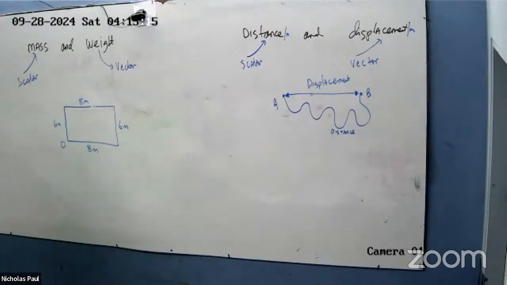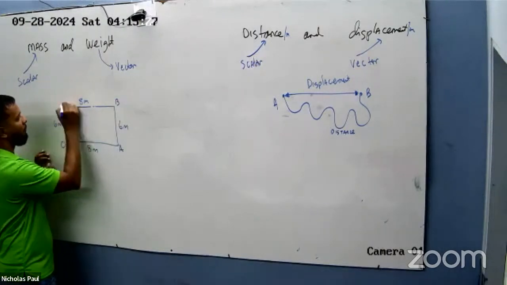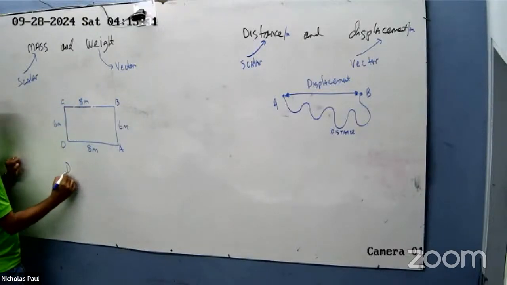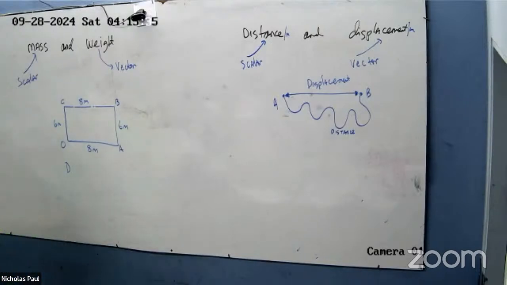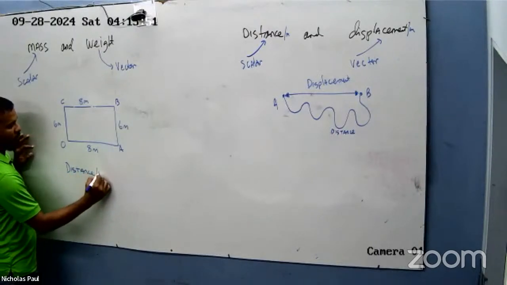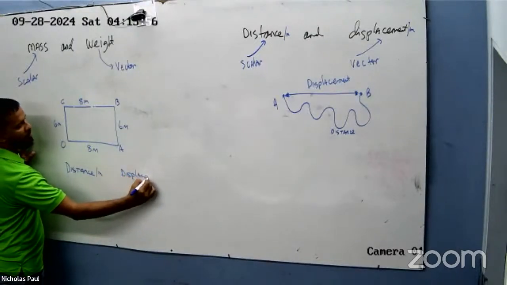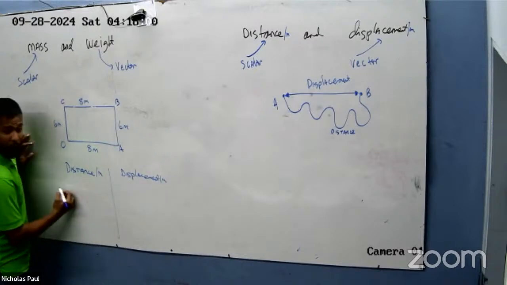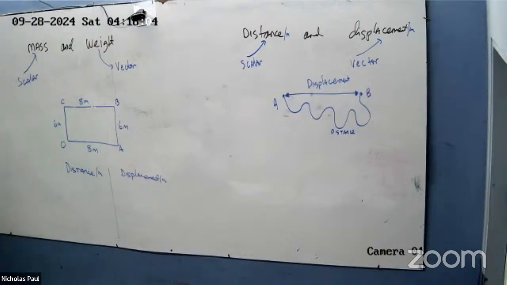While displacement is the straight line distance from start to finish. SI unit is meters.